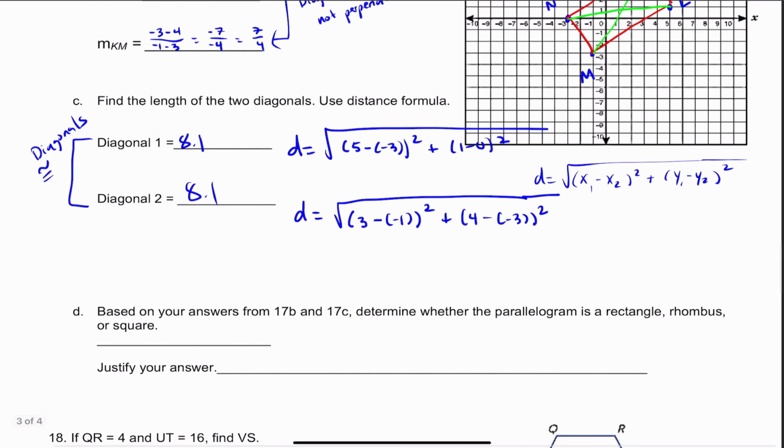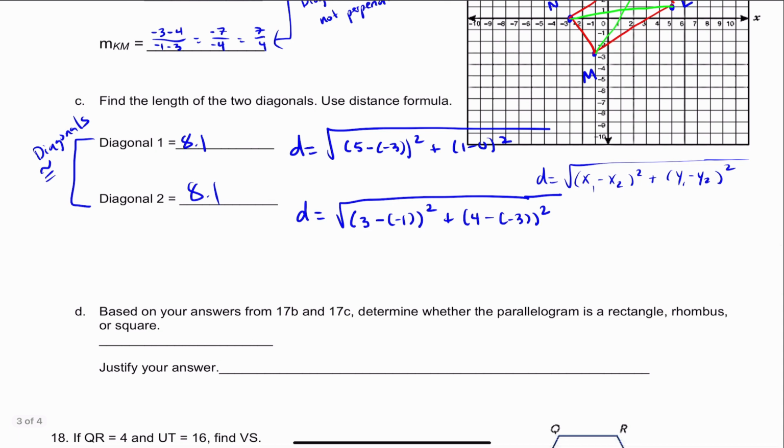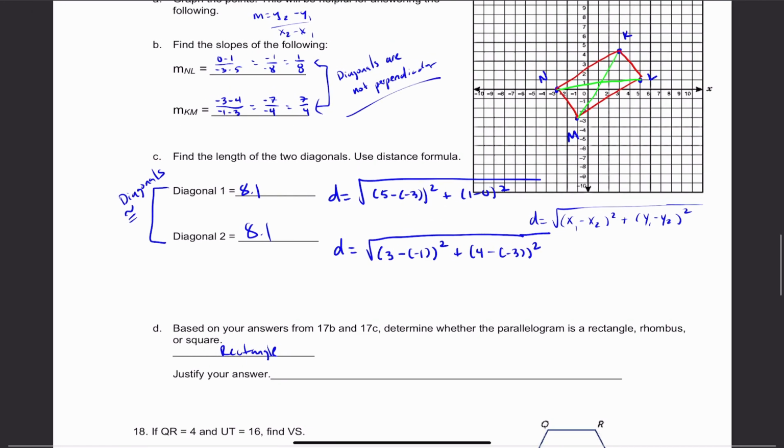So based on your answers from 17B and 17C, determine whether the parallelogram is a rectangle, rhombus, or a square. It's a rectangle. And your justification would be, well, the diagonals are not perpendicular, and the diagonals are congruent.